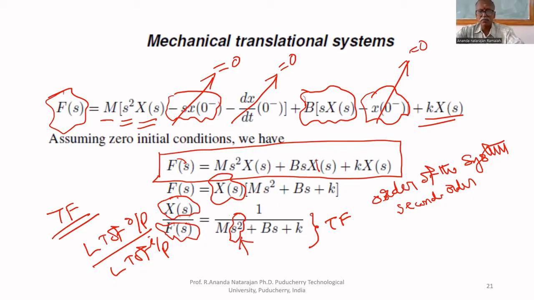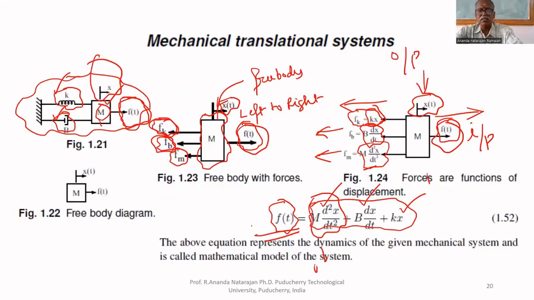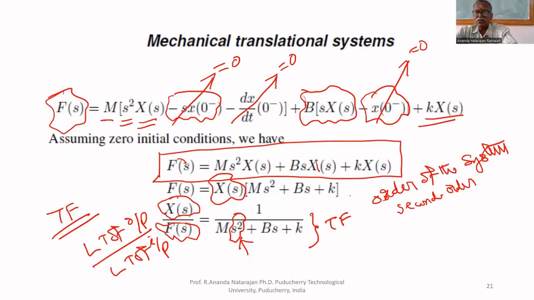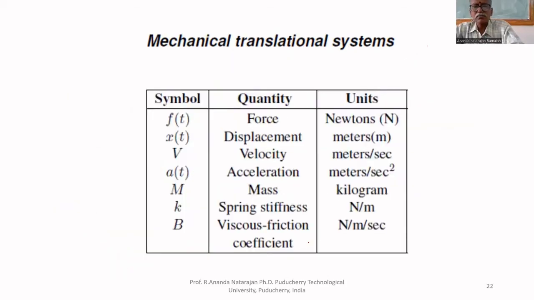In other words, from the time domain equation also we can say that it is second order, because it is a second order differential equation. This reflects in the frequency domain also. That's why we got s square in the denominator.